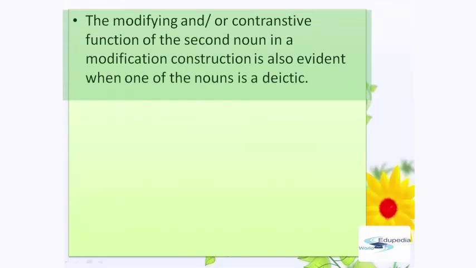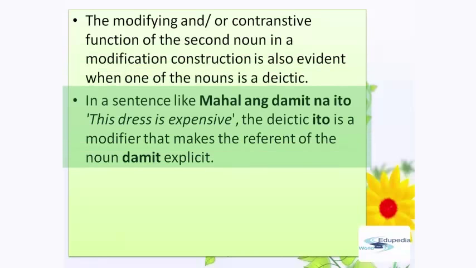The modifying or contrastive function of the second noun in a modification construction is also evident when one of the nouns is a deictic. In a sentence like Mahal ang damit na ito, this dress is expensive, the deictic ito is a modifier that makes the referent of the noun damit explicit.